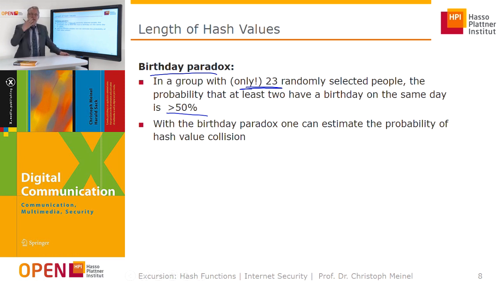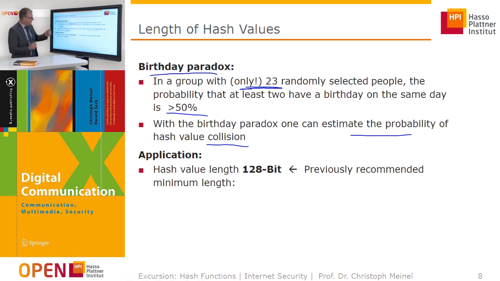With this birthday paradox, one can estimate the probability of hash value collisions. And every time there's a collision of a hash value, this is bad, because it provides a possibility for an attacker to do some wrong things.